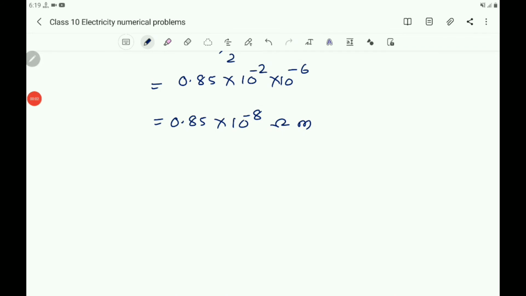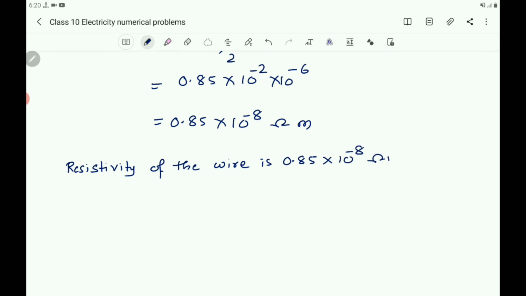Then you write the resistivity of the wire is 0.85 into 10 power minus 8 ohm meter.